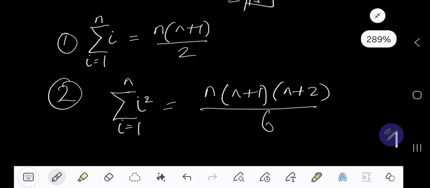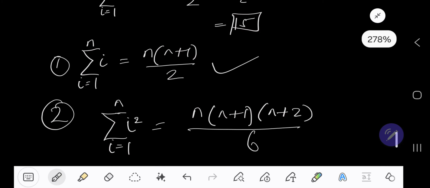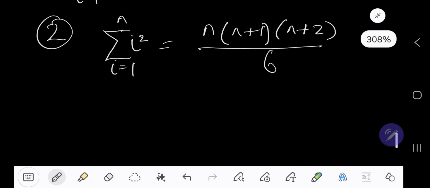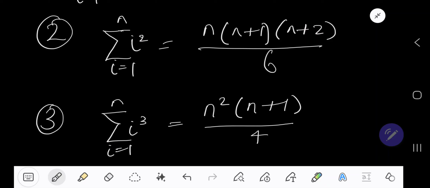It's important to remember these i formulas. They're quite useful. So I hope you've noted down the first one. Our second one is this, and our third one, the summation of i cube from i equals 1 to n, equals n square times n plus 1 whole squared divided by 4. Sorry, that is n square times n plus 1 whole squared, over 4.